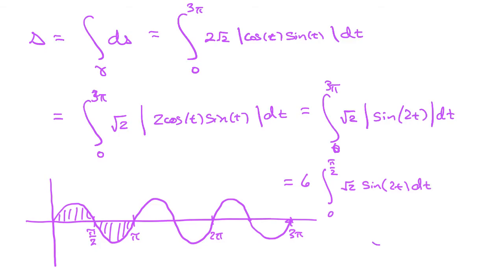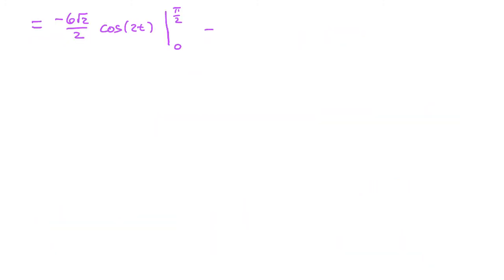So now we're able to just go ahead and integrate that, and what we find then is that we have negative 6 root 2 cosine of 2t over 2, evaluated between 0 and pi over 2. So if we just plug in our limits, what we then have is negative 3 root 2. So we plug in cosine of pi over 2 times 2.